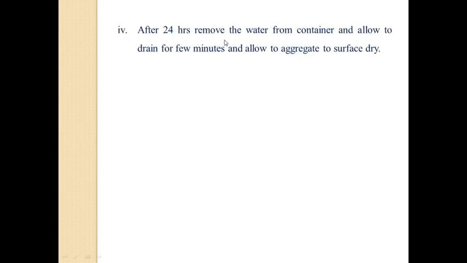After these 24 hours, remove the water from the container, allow it to drain for a few minutes, and allow the aggregate to become surface dry. Then take the weight of the surface dry and saturated aggregate, that is W1 in grams.